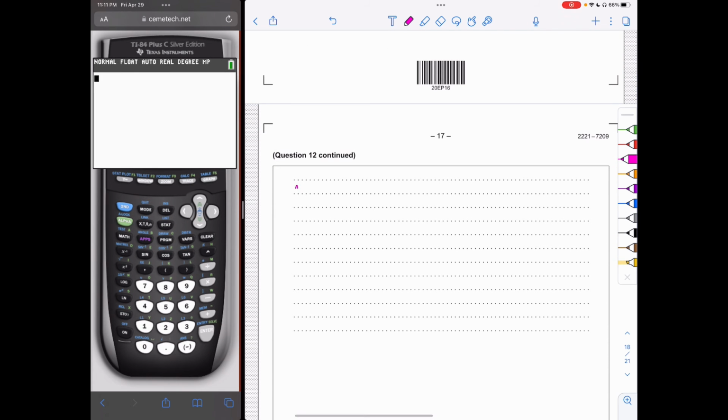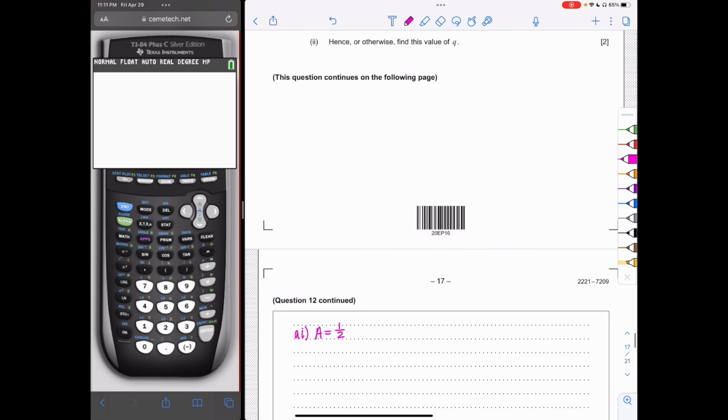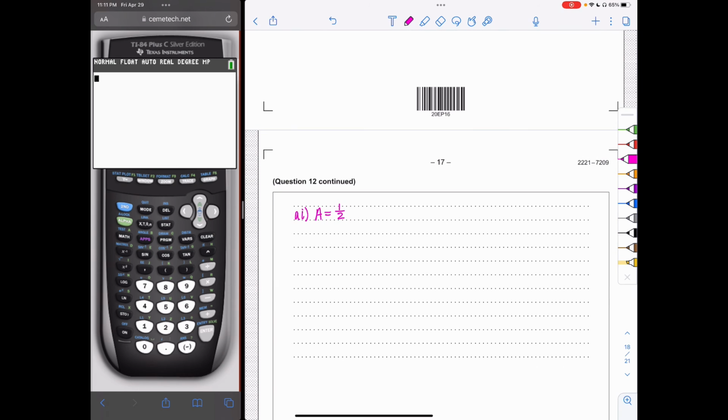So for part A1, we already know that the area is all of those added together. So we would have 1/2 times P times 8, plus 1/2 times Q times 6, plus 6 times 8.